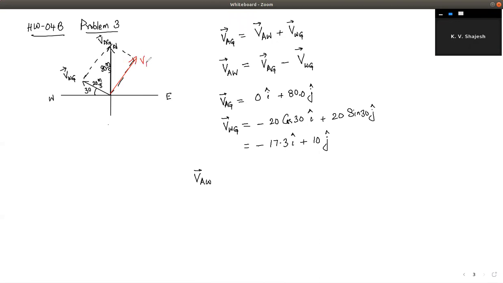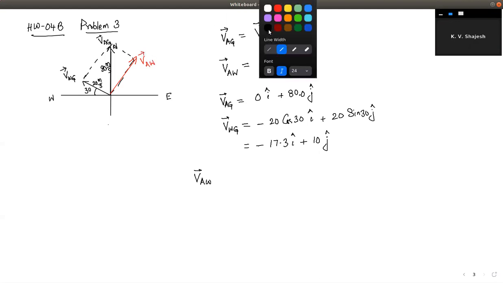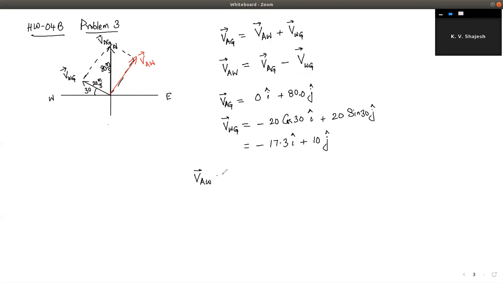The velocity of the aeroplane with respect to the wind is equal to the subtraction of these two quantities. So it's 0 minus minus 17.3 in the i hat direction plus 80 minus 10 in the j hat direction. So that's 17.3 i hat direction plus 70 j hat direction.